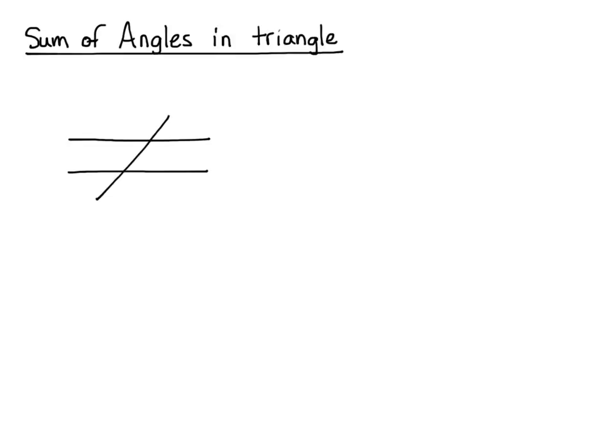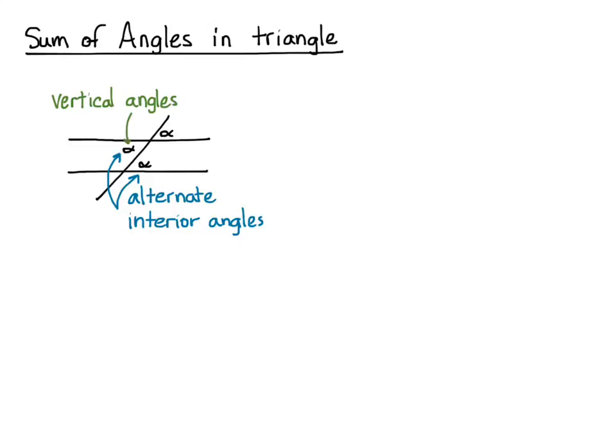Okay, so let me go through briefly how you get to these things. You ever wonder why the sum of the angles in a triangle equals 180? Well, remember this from high school geometry. Alternate interior angles are equal, and vertical angles are equal.